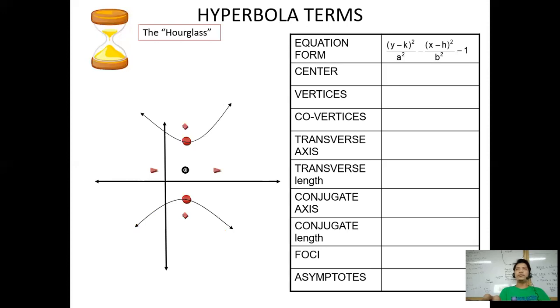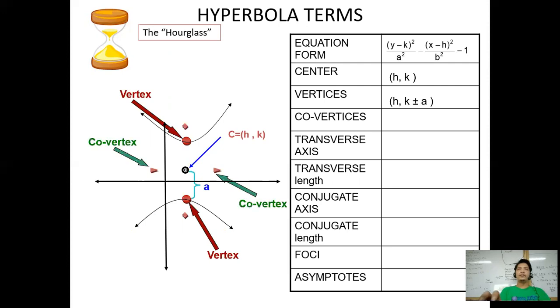So kapag si y yung positive, ang opening is upward and downward. Kapag si x yung nasa positive, so left and right naman yung opening ng ating hyperbolas. So center will be HK. So vertices, yun pa rin yung formula naman.